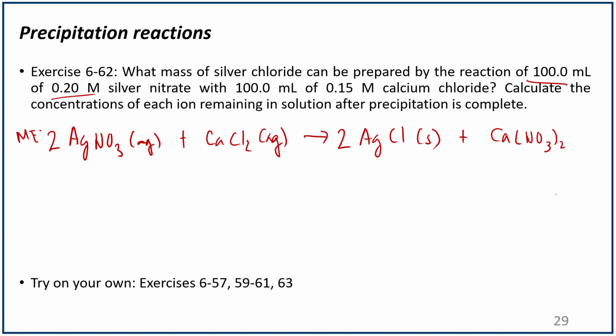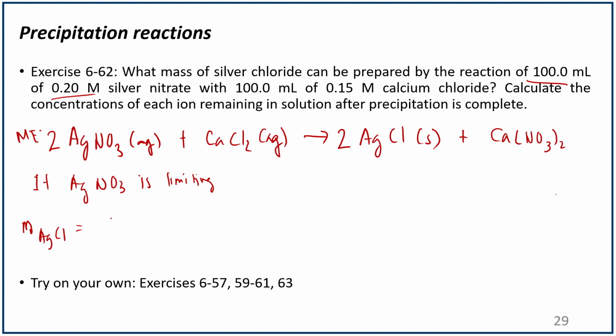Okay, so let us look at if silver nitrate is limiting. Again, we can calculate the number of moles from the volume and the concentration of silver nitrate in solution. What we're trying to calculate here is the mass of silver chloride if silver nitrate is limiting.